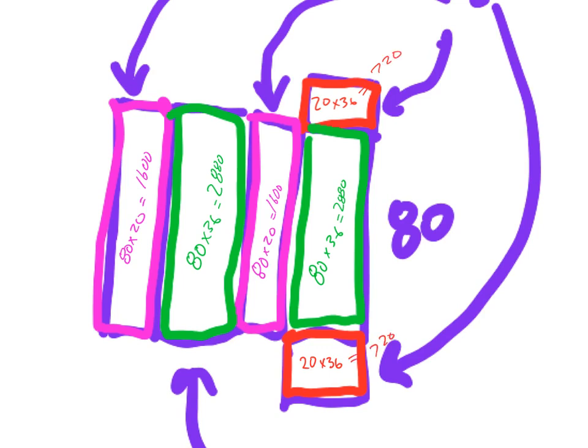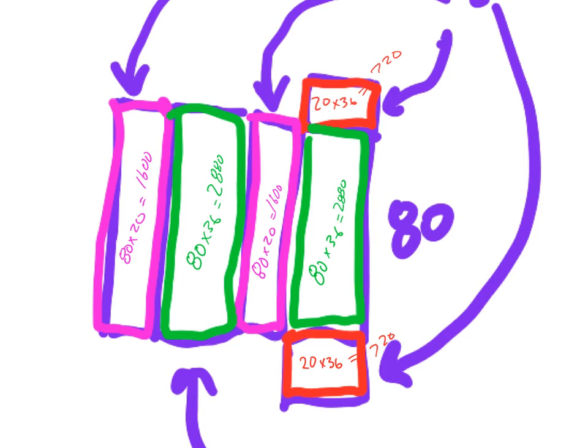So now you just have to take all of those numbers that you just found and add them up. So 1,600 plus 2,880 plus 1,600 plus 2,880 plus 720 plus 720.